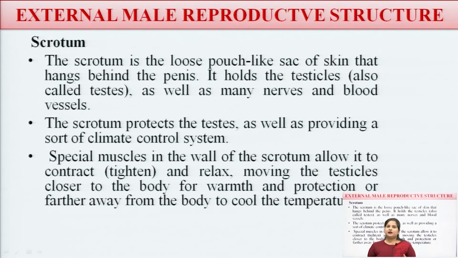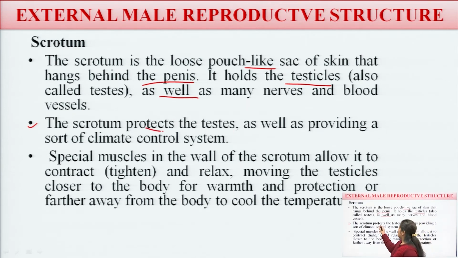Now the next external part of the male reproductive system is the scrotum. The scrotum is a loose, pouch-like sac of skin that hangs behind the penis and holds the testicles, also known as the testes, as well as many nerves and blood vessels. What is the function of the scrotum?